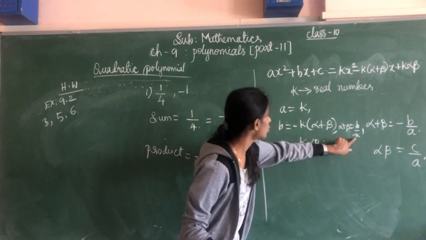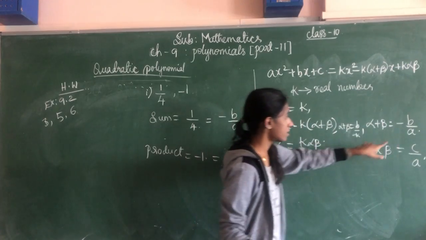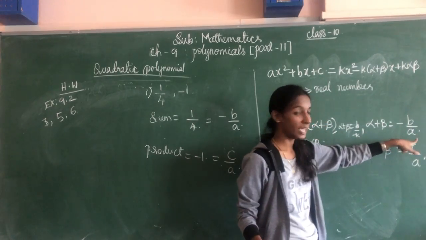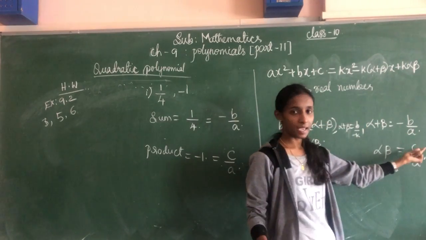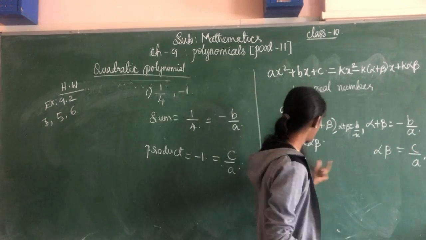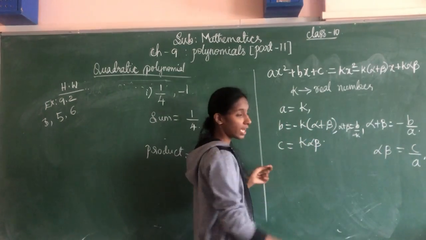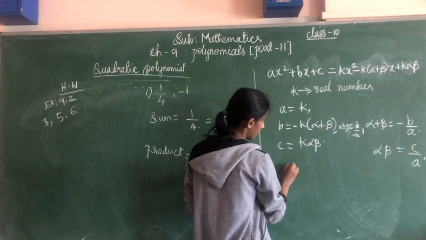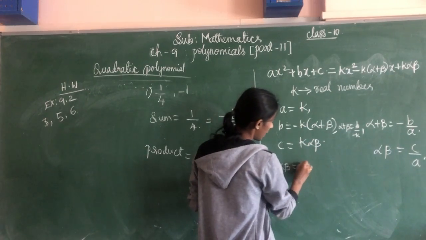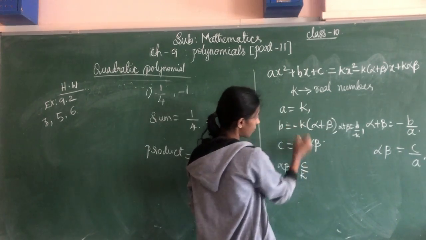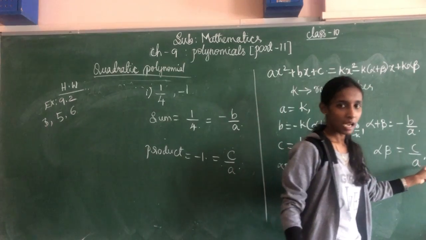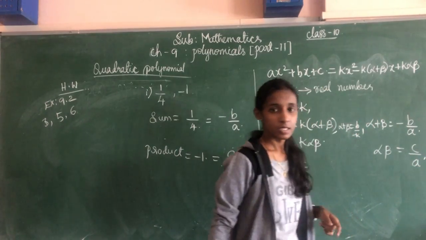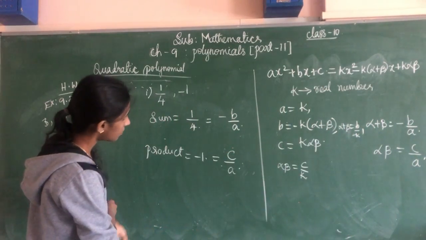But you know that k is equal to a, so replace k by a. You will get minus b by a. Understood how you have got this? And here, c is equal to k into alpha beta. From this, alpha into beta is equal to c by k. But what is the value of k? It is a. Alpha into beta is equal to c by a.